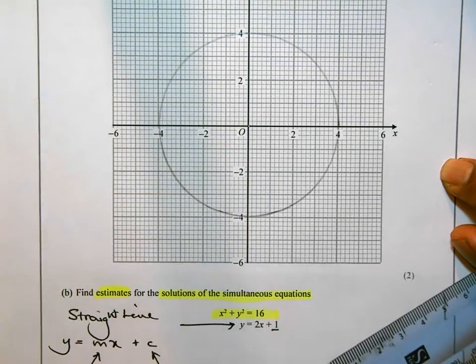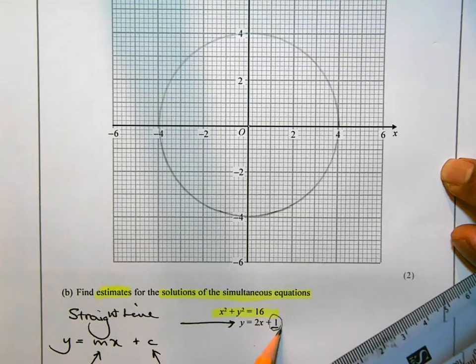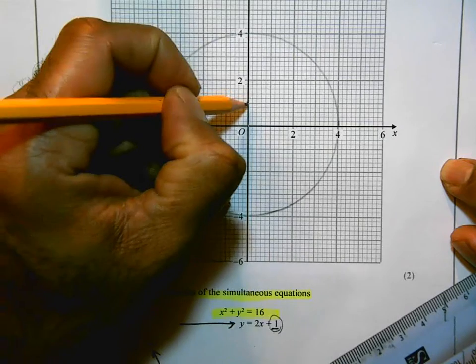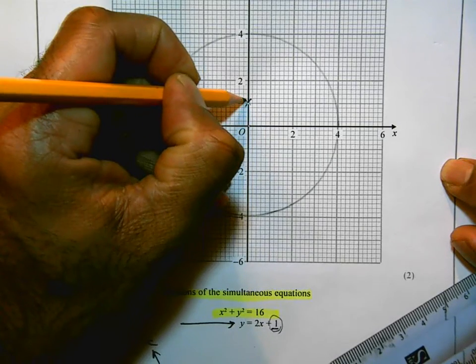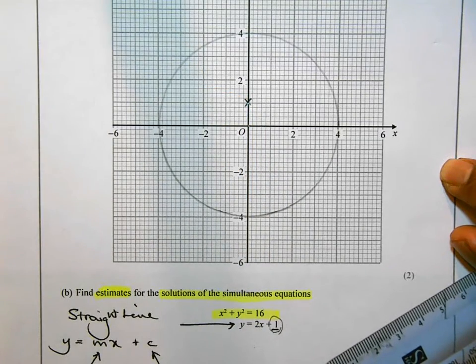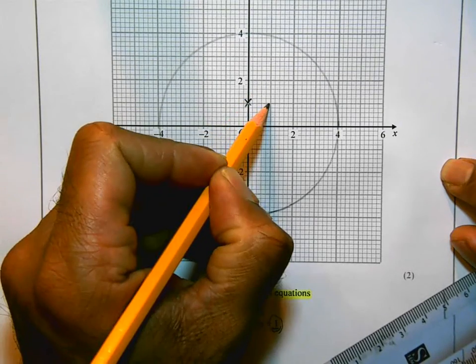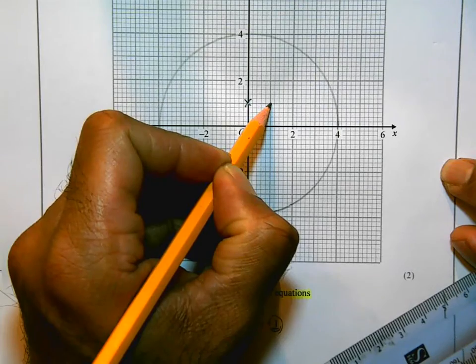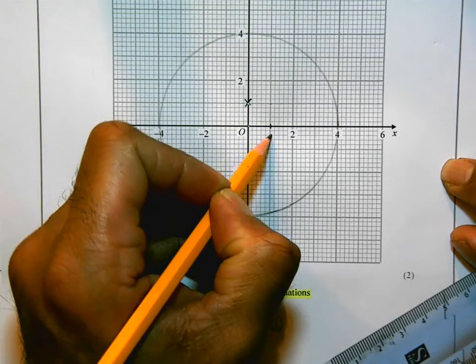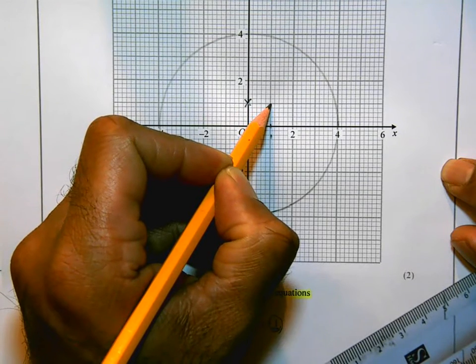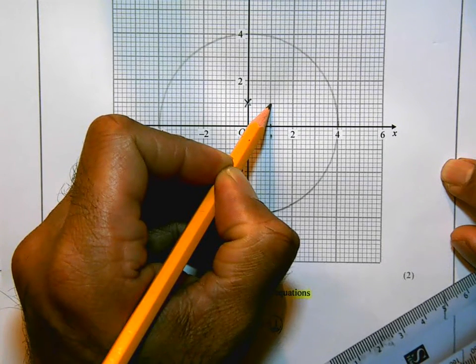There it is, positive 1. And that's this point here. The graph of the straight line will go through that particular point. I know it has a gradient of 2. So that means that for every 1 unit it goes across, it needs to go 2 up. So remember, this is 1 here. I'm going to start at the intercept, go across 1, and go upwards 2. So that's 1 there.